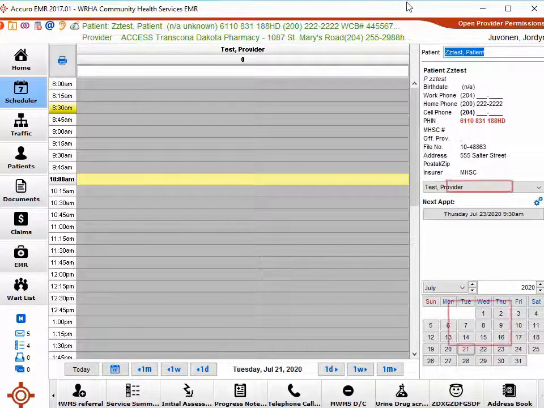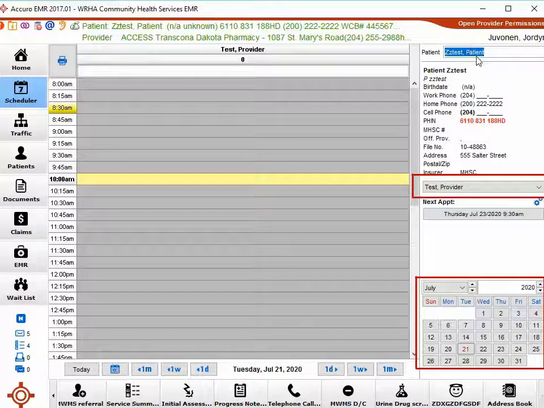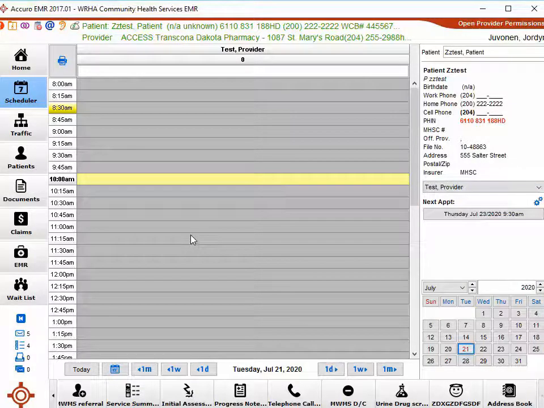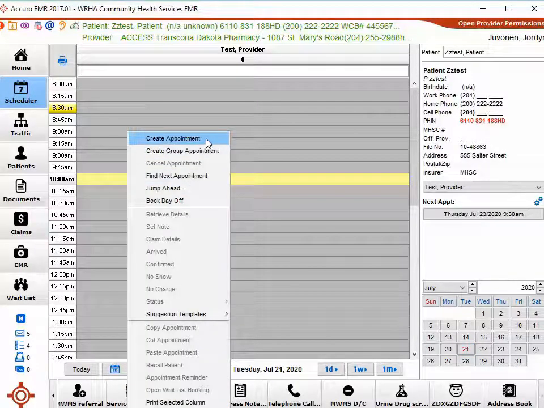Within the scheduler, select the provider and date to book. Right-click on the appointment time and select Create Appointment.